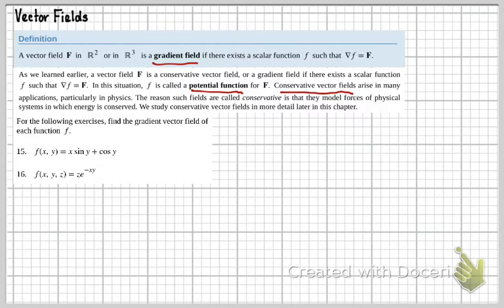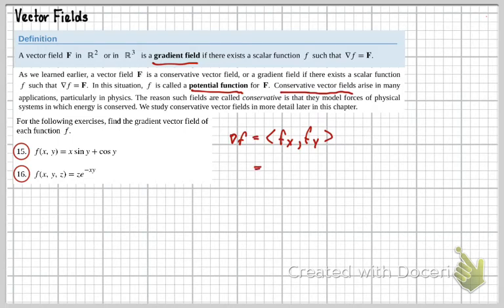It says, for the following exercises, find the gradient vector field of each function f. Looking at number 15 here, essentially all we have to do is find the gradient. The gradient of f is equal to, keep in mind that means f_x comma f_y. That's how the gradient works, if you forgot. Those are just the partial with respect to x and the partial with respect to y.